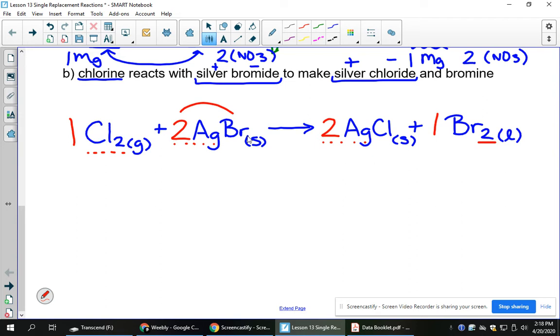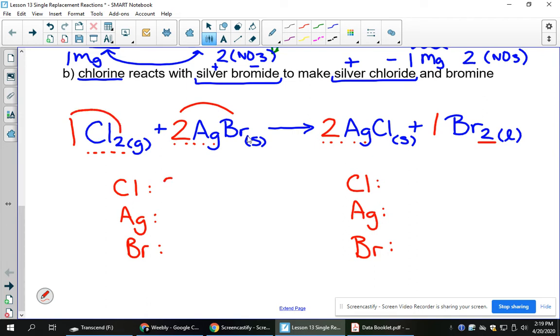It might help some of you who are struggling to go through and list every single element that you have on the reactant side and the product side, and then just count. How many do I have once I've balanced my equation? Well, 1 times 2 is 2 chlorine. 2 times 1 is 2 silver. 2 times 1 is 2 bromine.